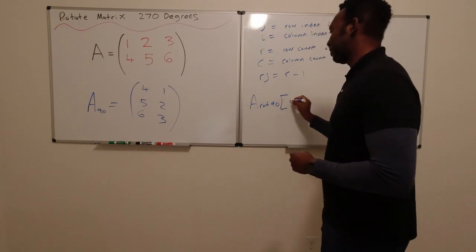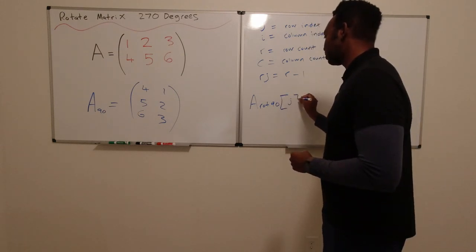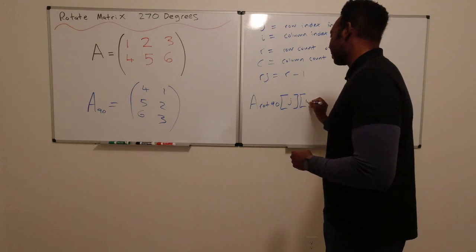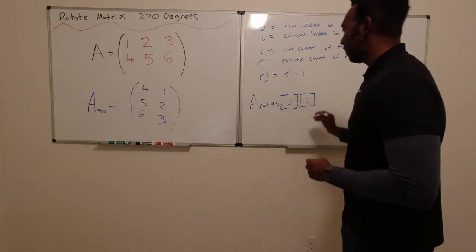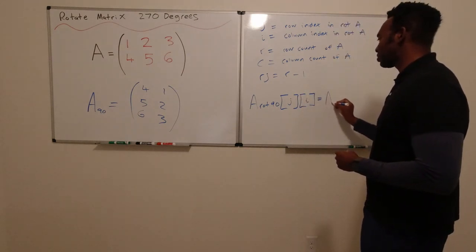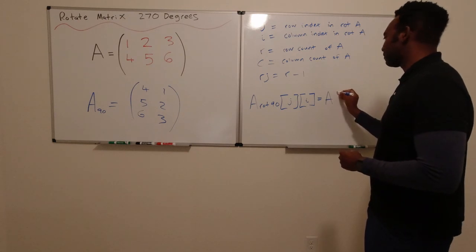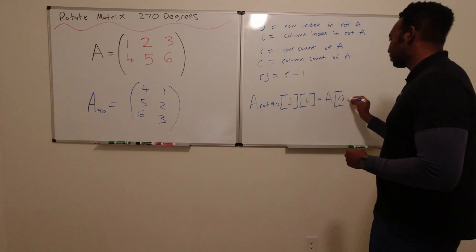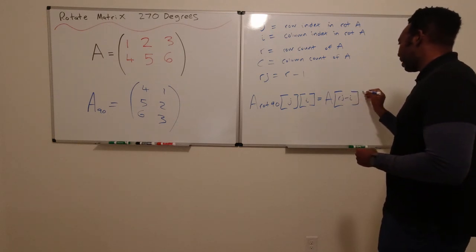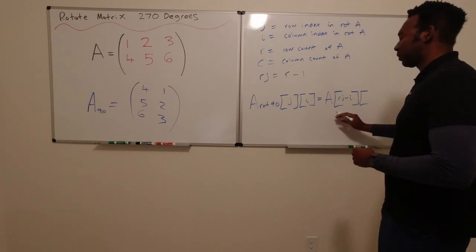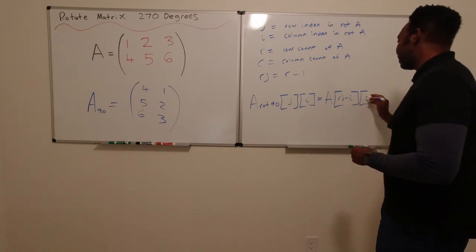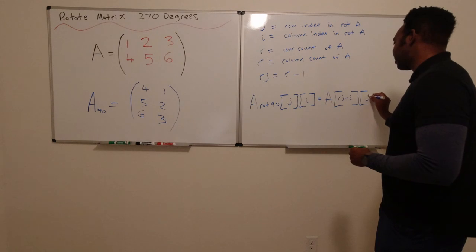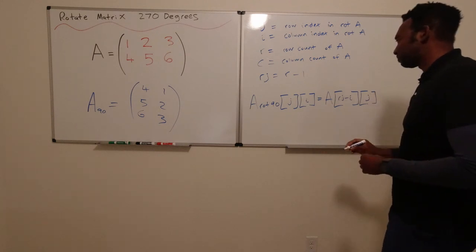If we're looking at the jth row and then the ith column in that, that's going to be equivalent to the original array at RJ minus I, and this is again going to be the row that you're looking at, and then we're looking at the jth column.